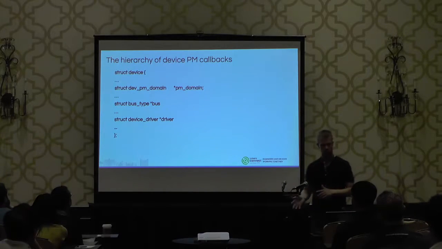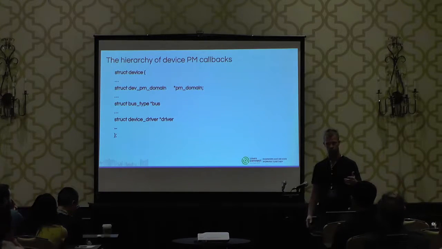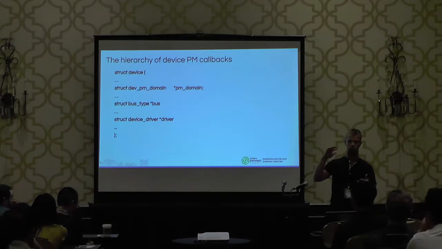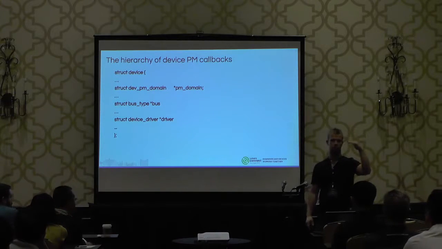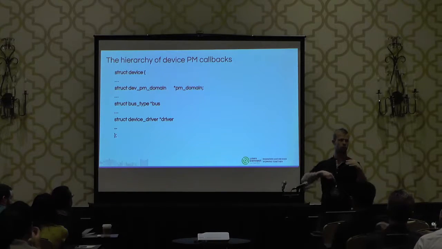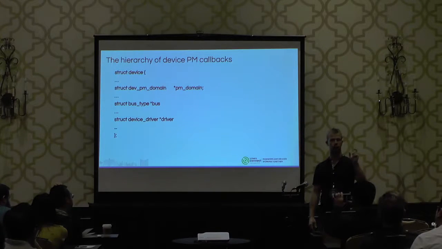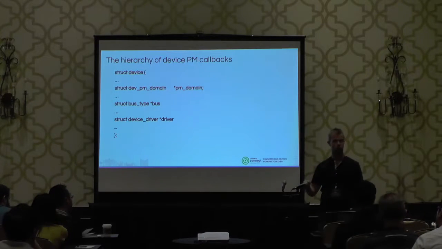When I was talking about the PM domain, how this concept actually works in practice is that you have a hierarchy that is respected in these frameworks, and on top of the hierarchy you have the PM domain. So when the PM core starts a suspend operation, it will walk this hierarchy and see, okay, this device has a PM domain associated, and this PM domain has these callbacks set up.